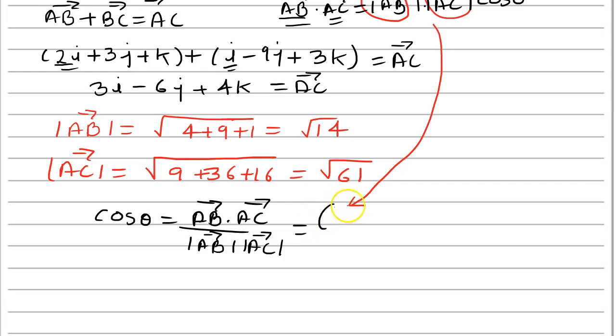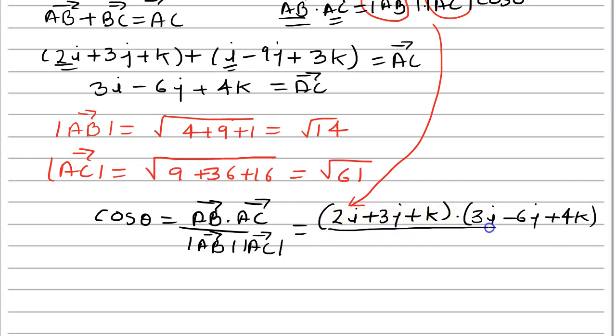So what is AB? AB is 2i plus 3j plus k, dot 3i minus 6j plus 4k, divided by their modulus, and modulus of AB is root 14 and root 61. So if you multiply 2i times 3i, i and i becomes 1, so it will be 2 times 3 is 6, 3j and 3 times 6 is 18. This is a minus sign.